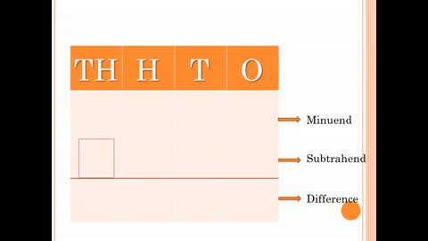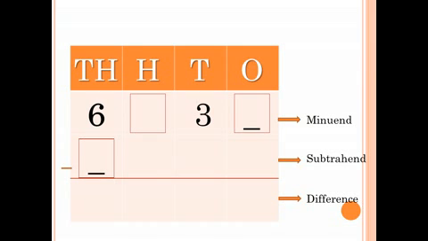Same way, let us take another example. In the thousands place we have 6. Hundreds place it's a blank. Tens place we have 3. Ones place again we have a blank. Minus, thousands place we have a blank. Hundreds place we have 2. Tens place we have a blank. And ones place we have 7.